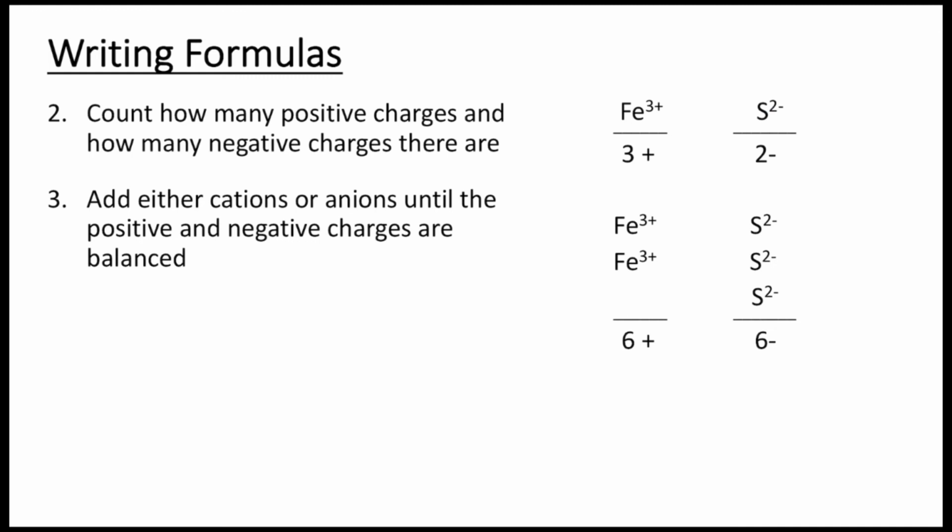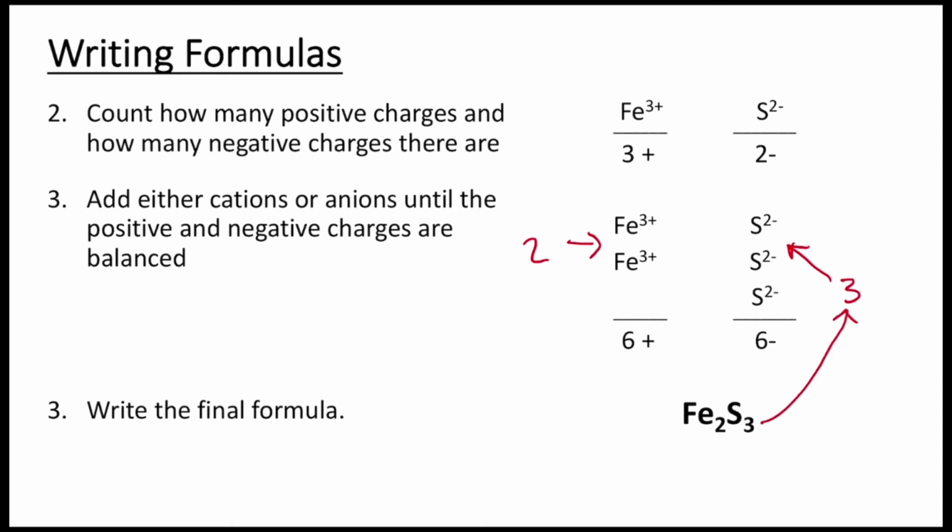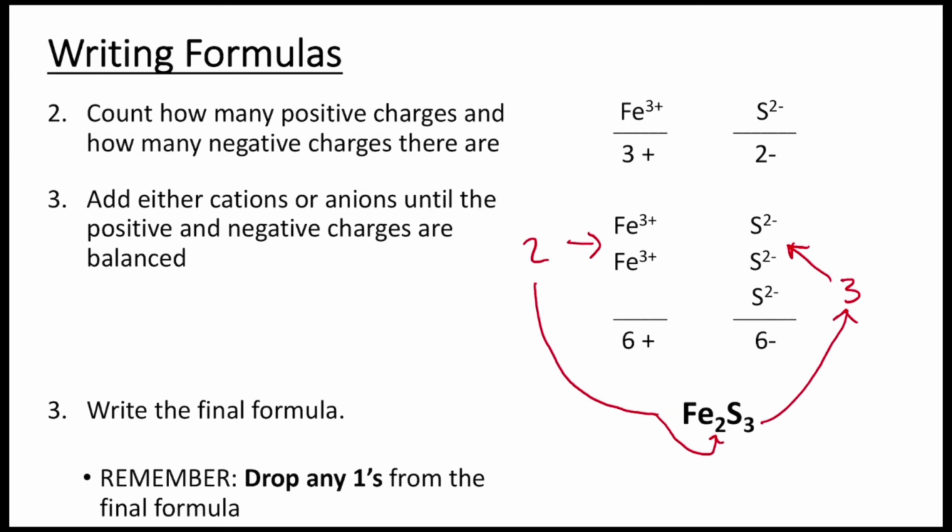So now that the charges are balanced, we can write the formula. The subscript means that we have 2 iron and 3 sulfur, which is sulfide. Remember that if there are any 1 plus or 1 minus charges, we do not write those down in our final formulas, so drop the 1s.